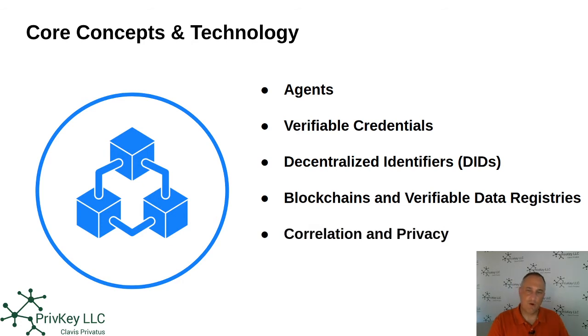And that establishes correlation and privacy, because you can correlate all the data registries to a specific identity, and they can be connected all together, right? Using the blockchain technology. And because of the cryptography behind it, you can also establish privacy.